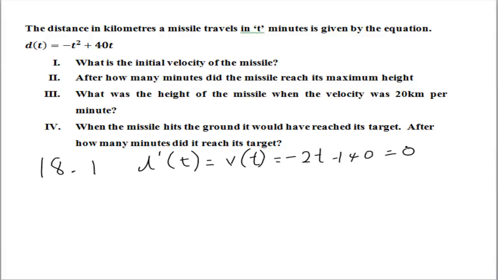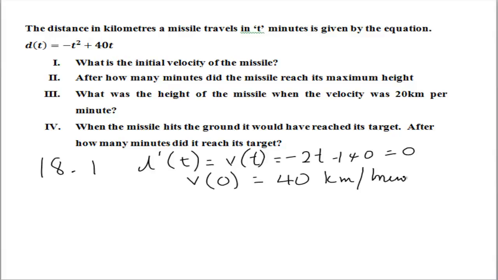The initial velocity is v of 0, and v of 0 is equal to 40 kilometers per hour or minute. That is the first one.